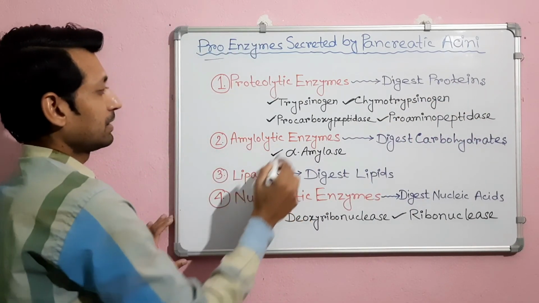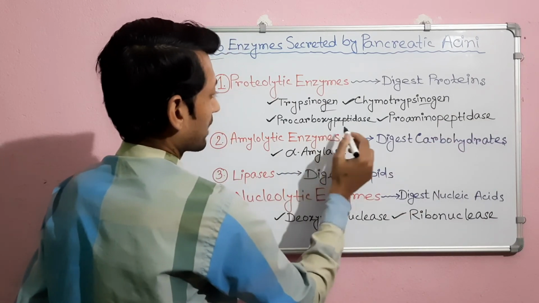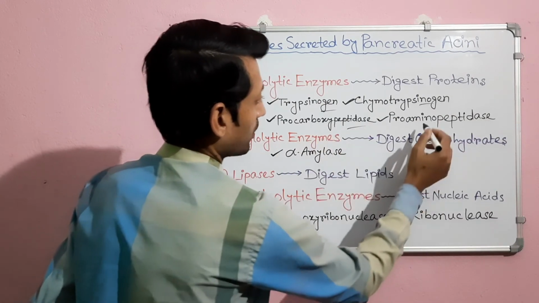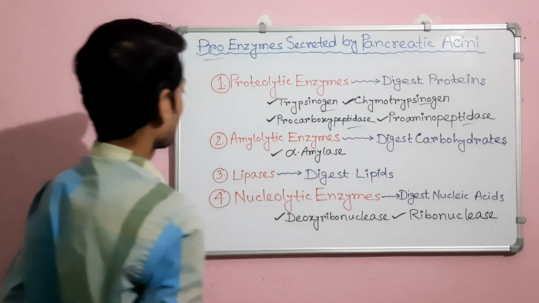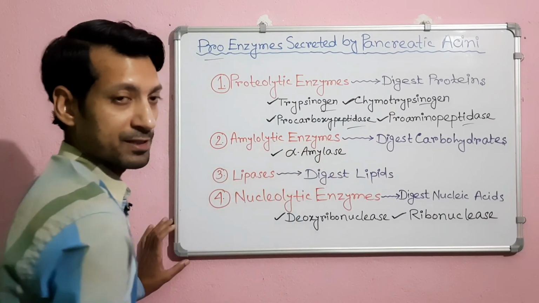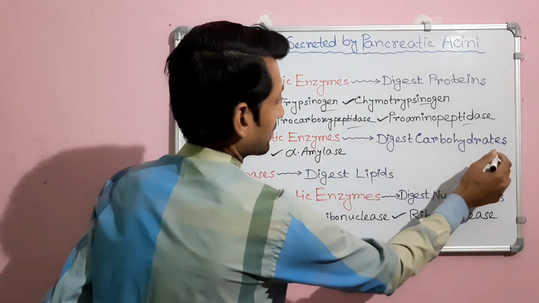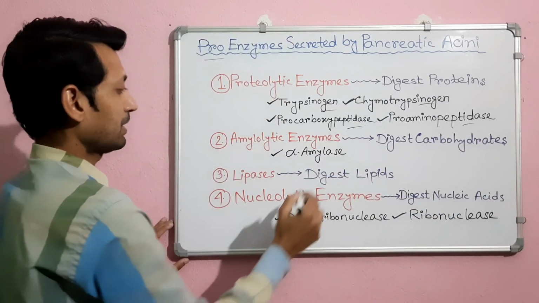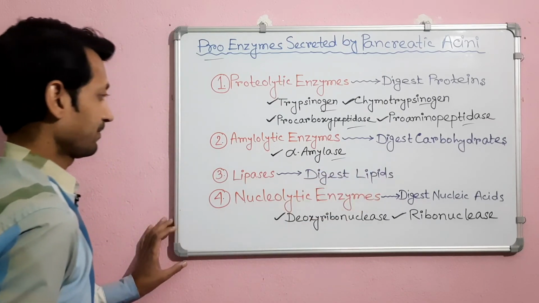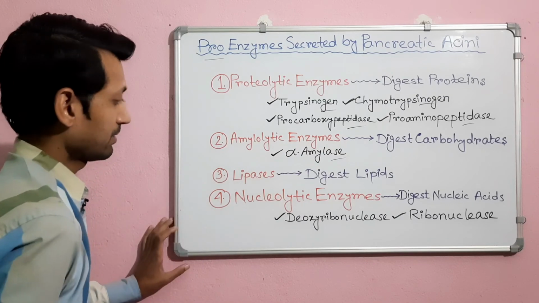For example, trypsinogen, chymotrypsinogen, procarboxypeptidase, proaminopeptidase. Number 2, some amylolytic enzymes. These enzymes help to digest carbohydrates. For example, alpha amylase. Number 3, some lipases.